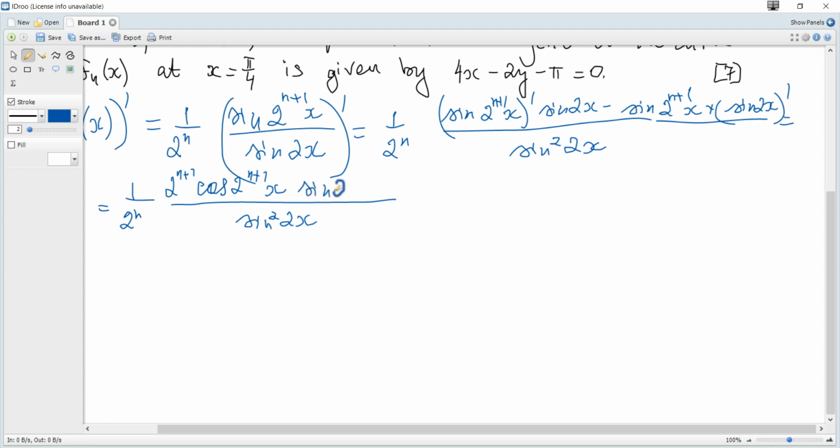multiplied by sine of 2x minus sine of 2 to the power n plus 1 x, and again the derivative of sine of 2x is cosine of 2x, multiplied by the derivative of 2x, which is just 2.